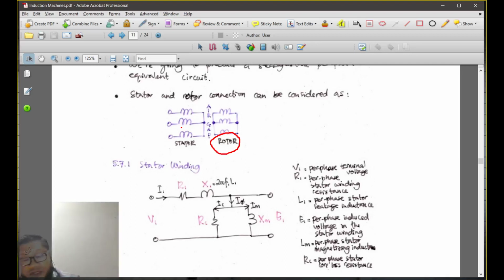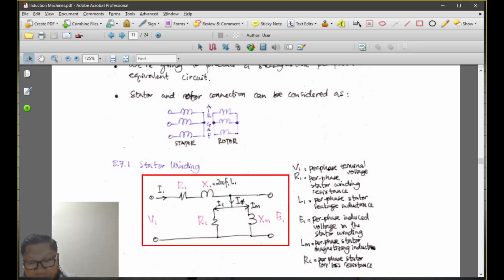Very similar here, you have an air gap, and this is the stator winding. So you have R1, X1, Rc is the core resistance, as well as Xm, known as the magnetizing inductance.